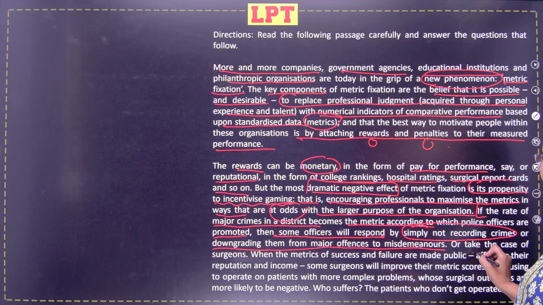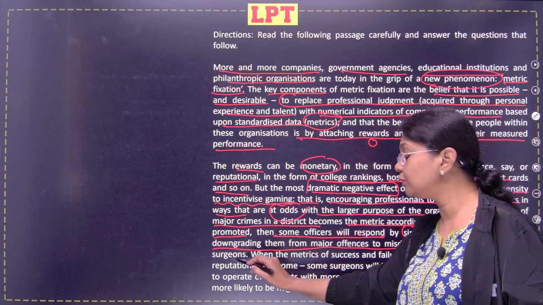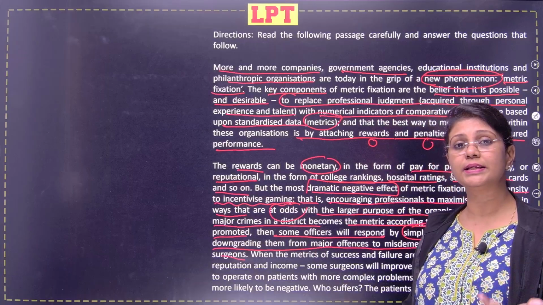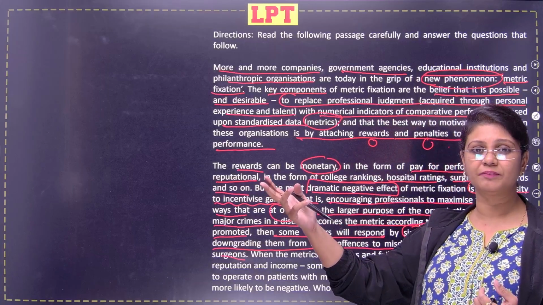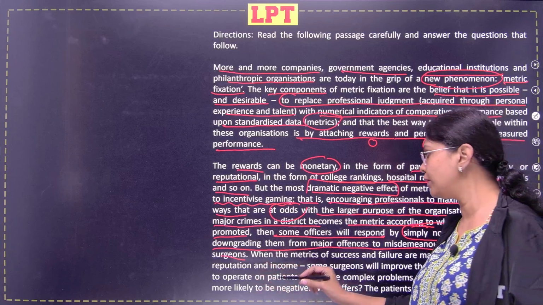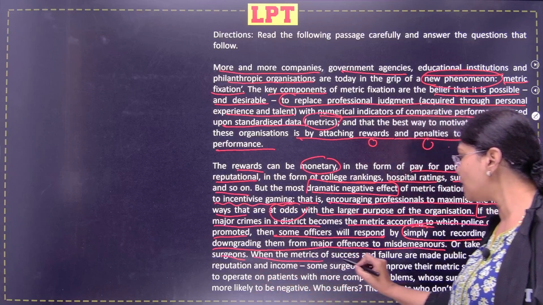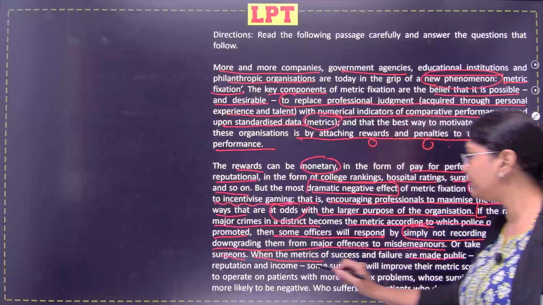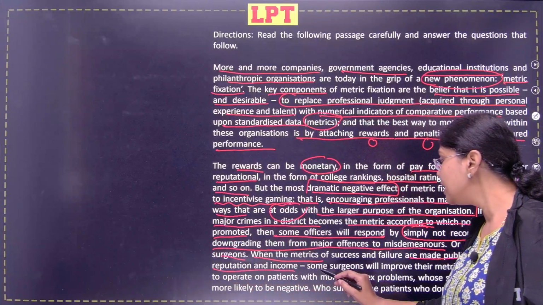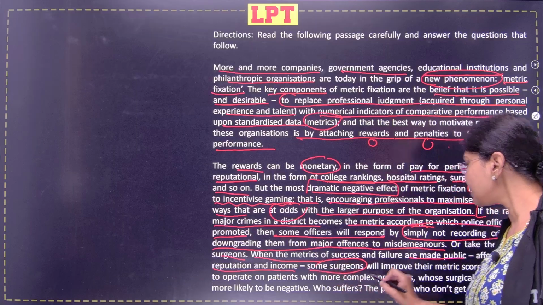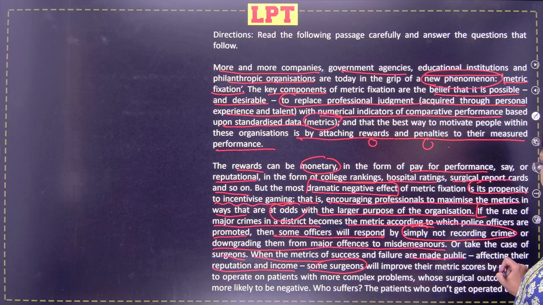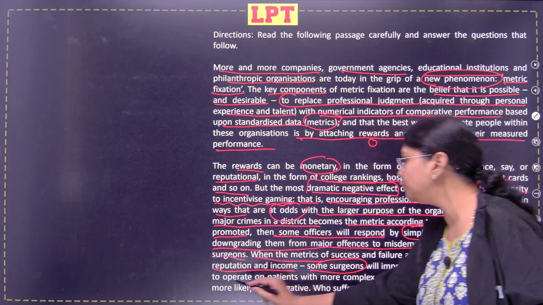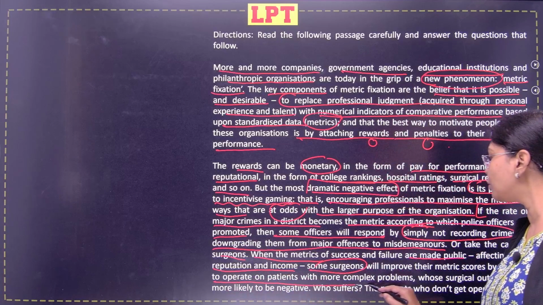Now, take the case of surgeons. The author is using one more example here. He talked about police officers; let's talk about surgeons. What does it say? When the metrics of success and failure are made public, affecting their reputation and income, some surgeons will improve their metric scores by refusing to operate on patients with more complex problems.